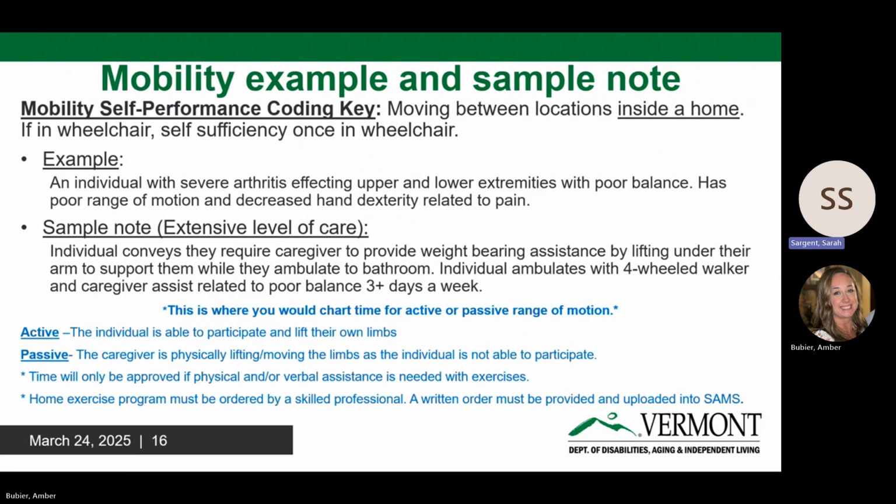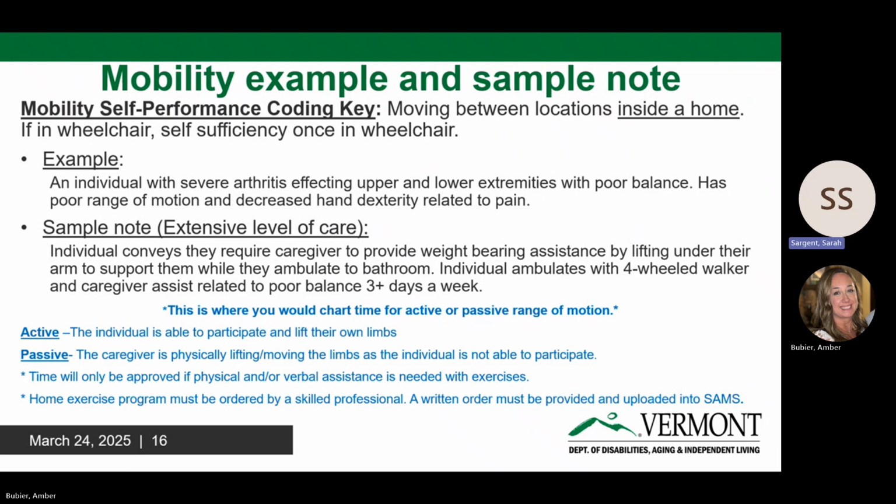Mobility example, sample note, and coding key definition. Moving between locations inside a home; if in a wheelchair, self-sufficiency once in the wheelchair. Example, an individual with severe arthritis affecting upper and lower extremities with poor balance, poor range of motion, and decreased hand dexterity related to pain.